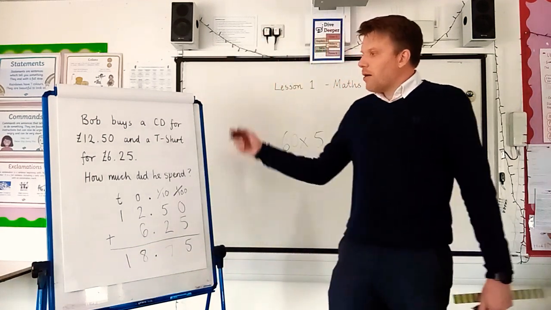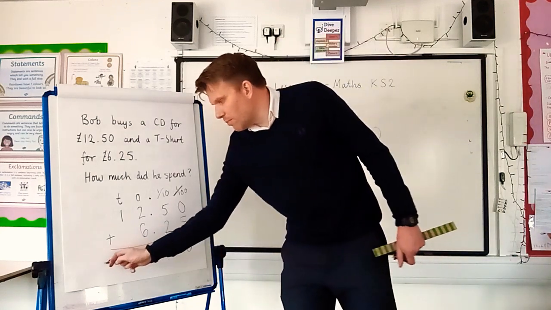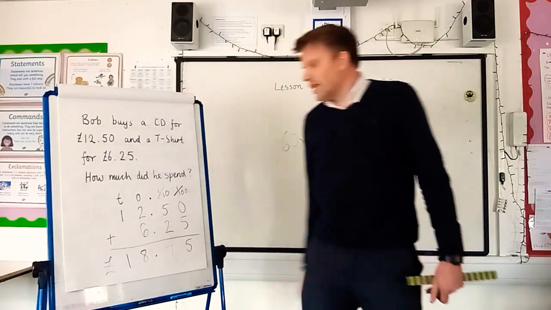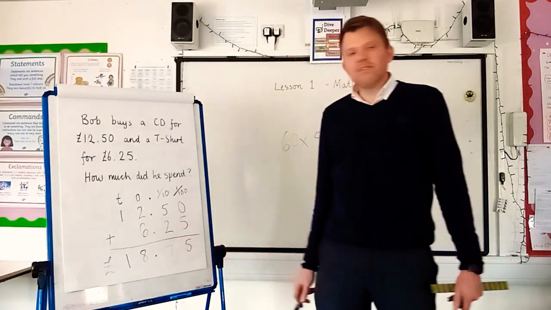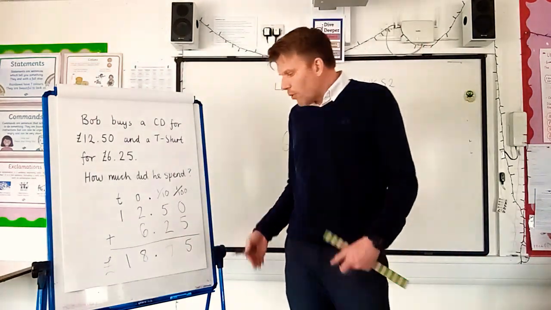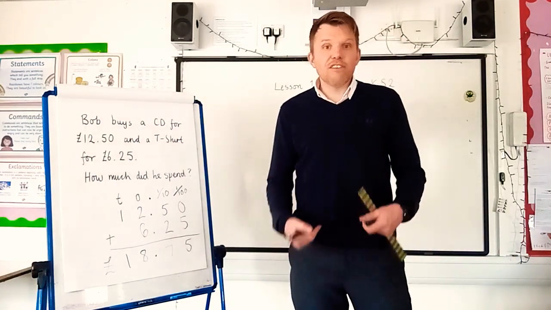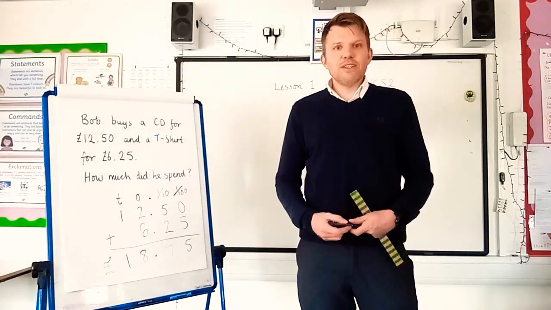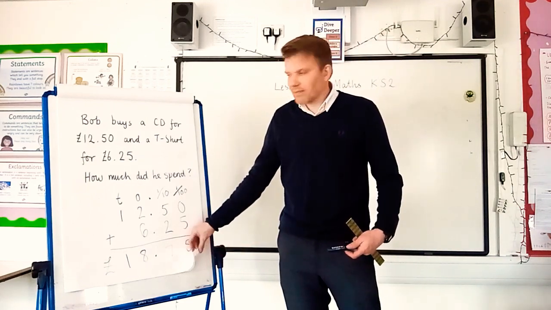So, my answer is, how much did he spend? Well, I need to put my pound sign here. He spent £18.75. That's not too difficult, is it? I wonder if you could answer that question.